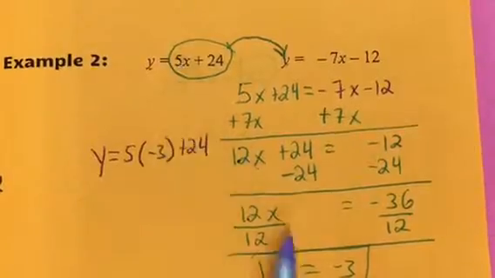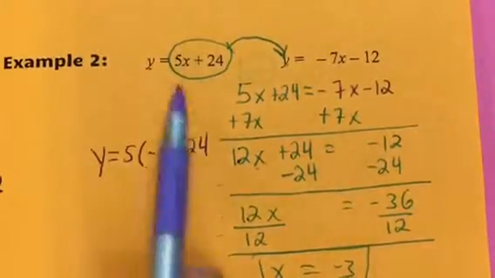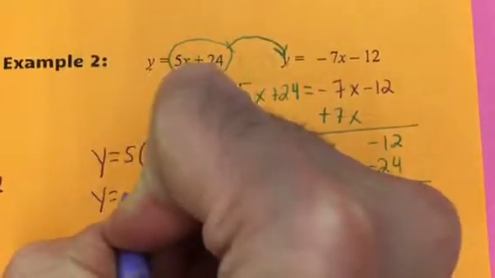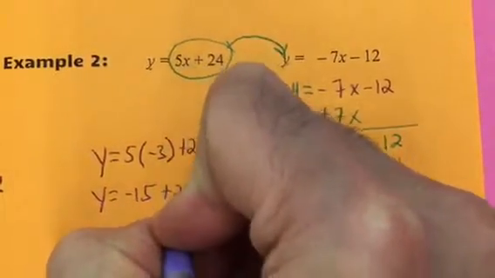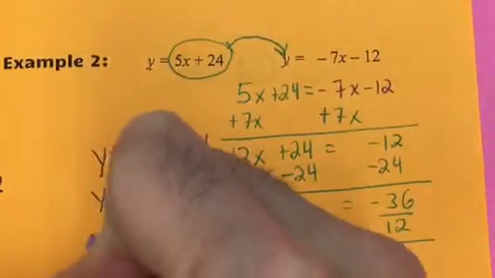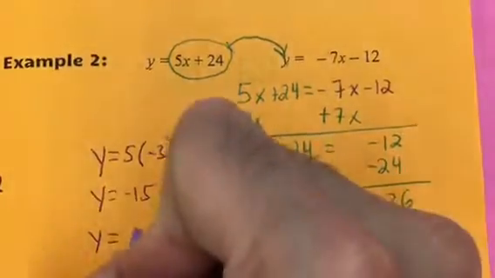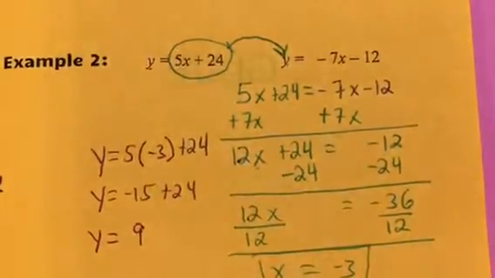This x and this x are the same thing, so I took out the x and put a negative 3. 5 times negative 3 is negative 15 plus 24. Y equals, well, I think that's 9. Check it out on the calculator.